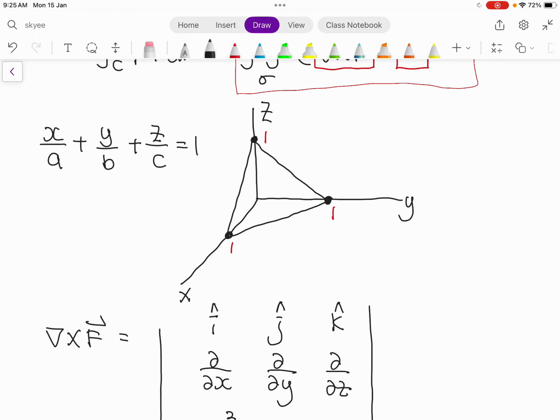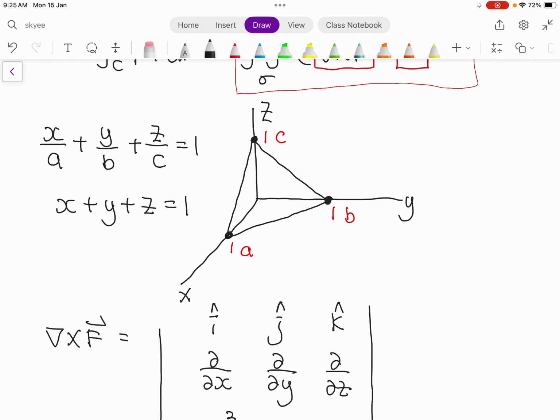The a, b, c will represent the intersection points at the x-axis, y-axis, and also z-axis. So in other words, the equation of this 3D graph will be x plus y plus z equals 1.